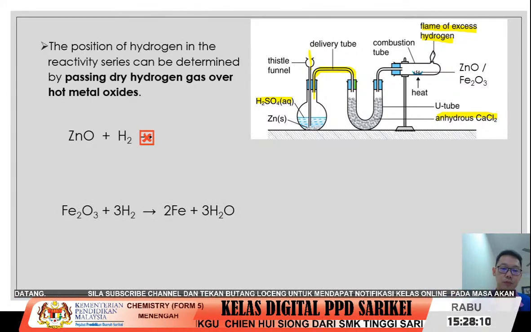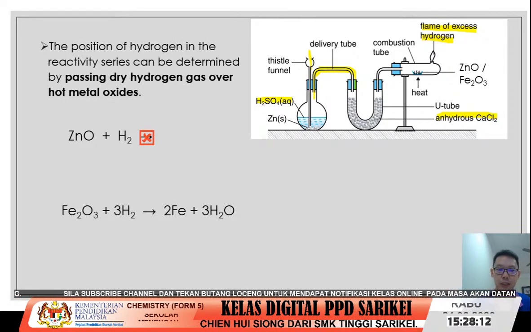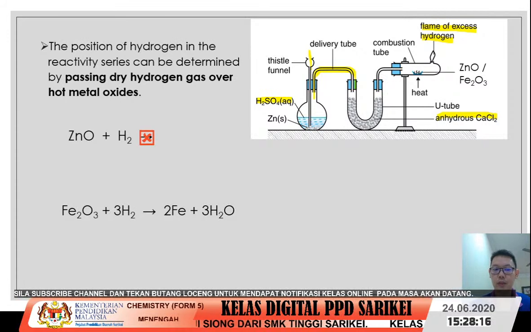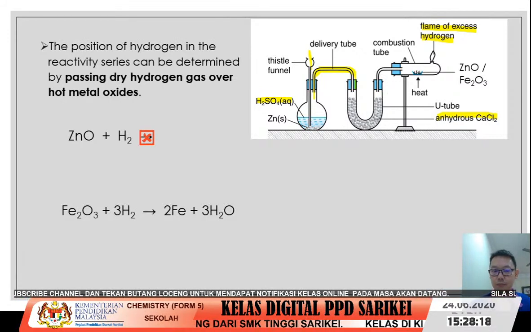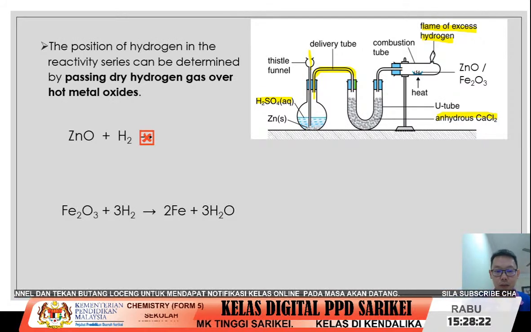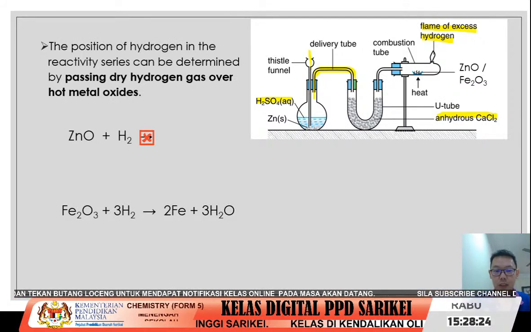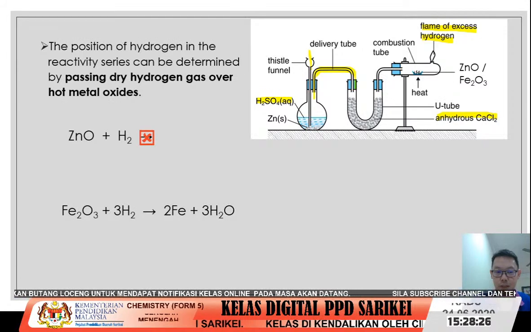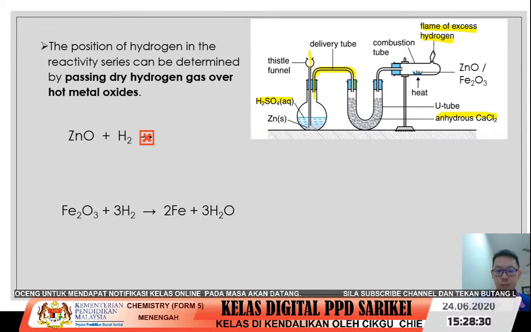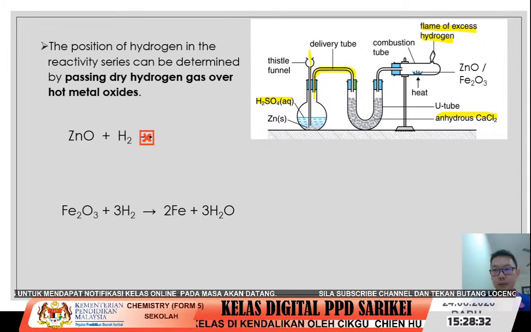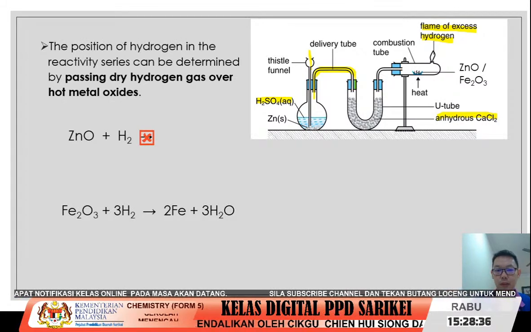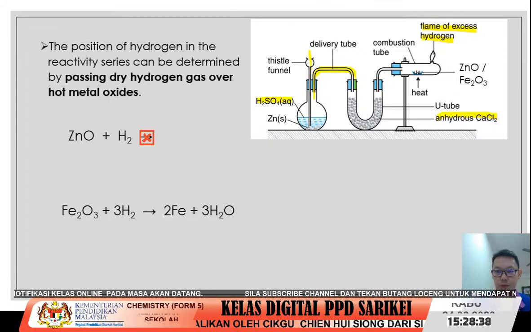Again, we try with iron(III) oxide. When we pass the dry hydrogen gas over the hot iron(III) oxide, the reaction occurs. The initial color of iron(III) oxide is a brown solid. After the experiment, we obtain a gray solid and water vapor.